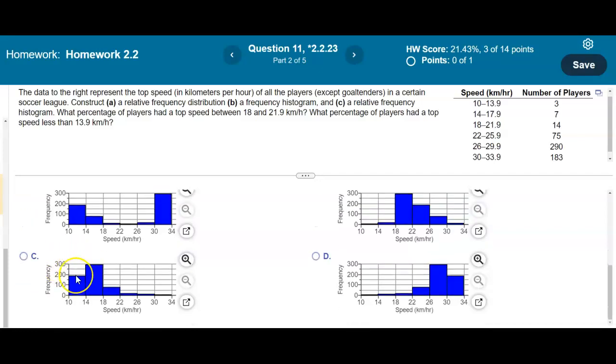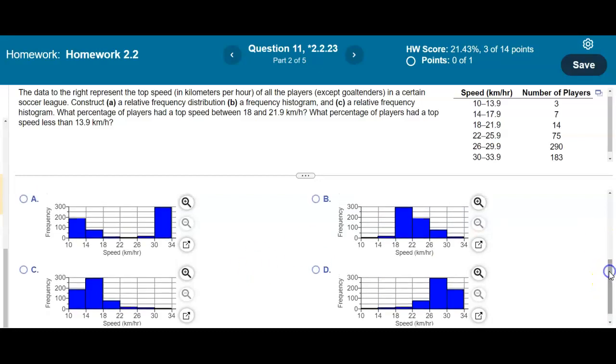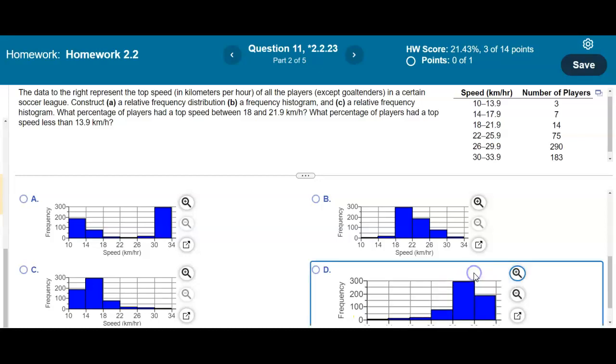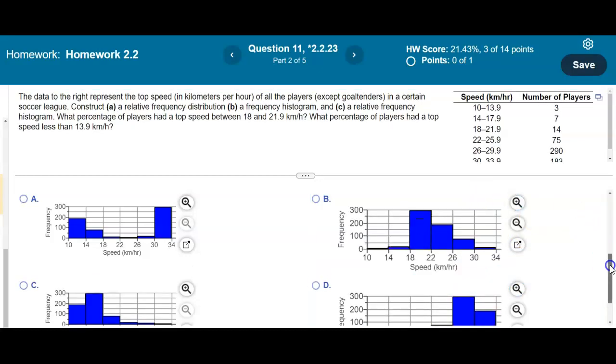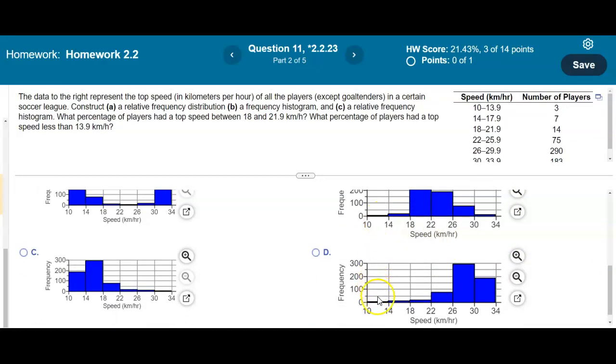C, we also rule out. Now we need to take a look at B and D. It looks like it is 3, and then it goes to 7.